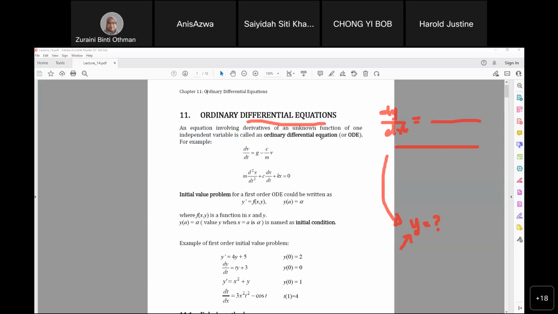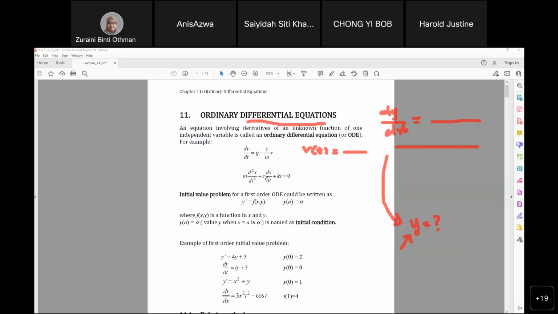Okay, now let's see the explanation here. An equation of an unknown function of one independent variable is called an ordinary differential equation. For example, this, we have the equation of dv over dt, then we want to find the equation of vt. What is the value of vt?